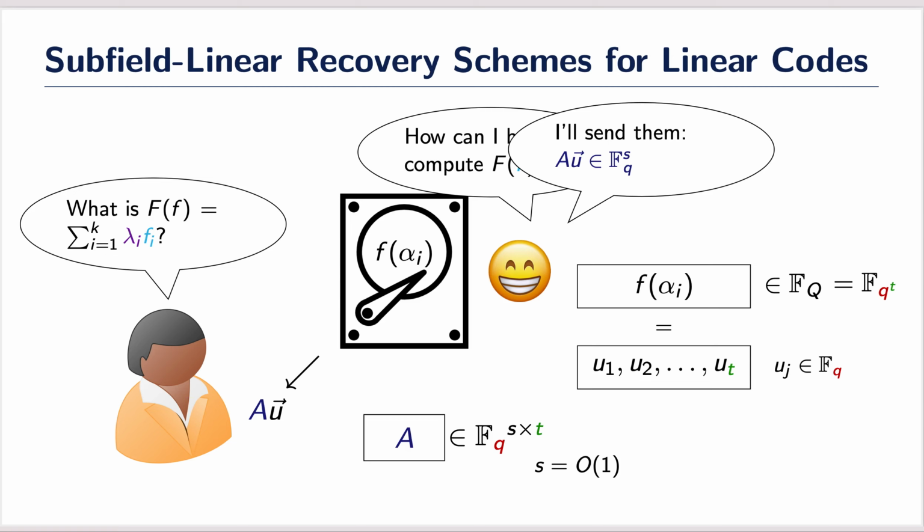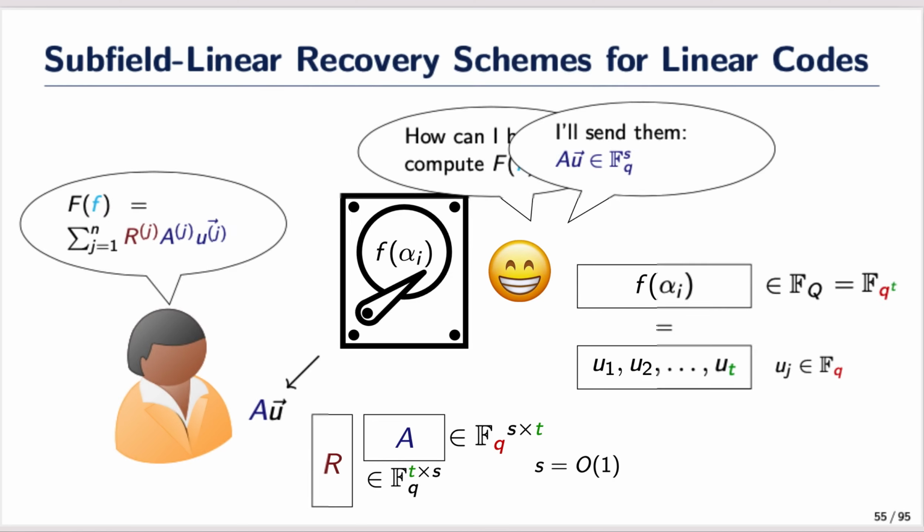As long as you don't change the rate or the base field size, or, of course, the number of evaluation points in your code as a fraction of the field size F_q^t. Okay, so what do we do with this, right? The user got back this A times u.